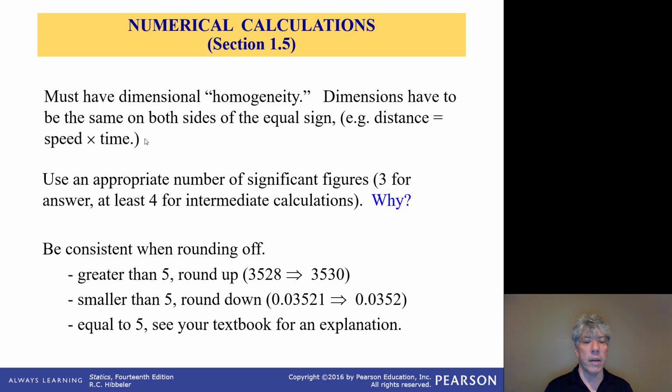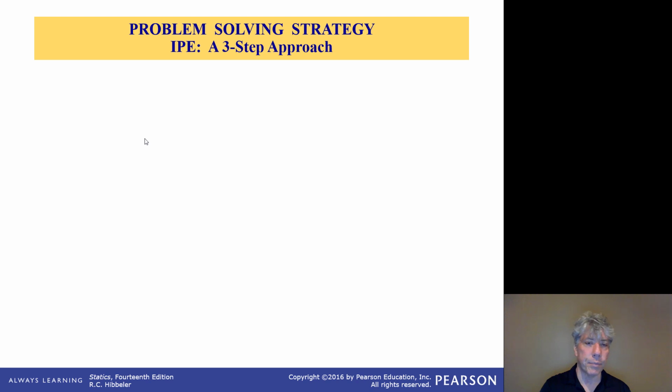So definitely carry a good number of significant figures through in your calculations and then round appropriately at the end. Now, be consistent when you're rounding off. If you got something greater than 5, then you round up. If it's smaller than 5, you round down. You should know these rules from grade school. And if you have a 5 itself, see your textbook for an explanation of what to do in that case.